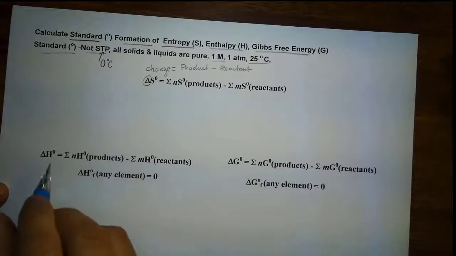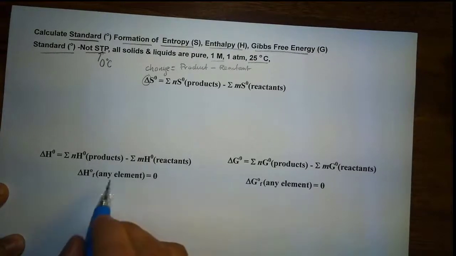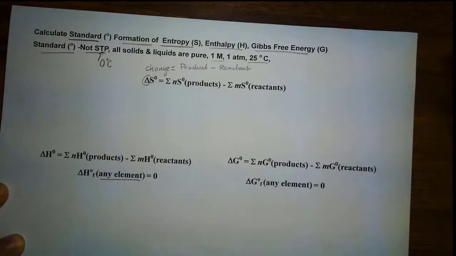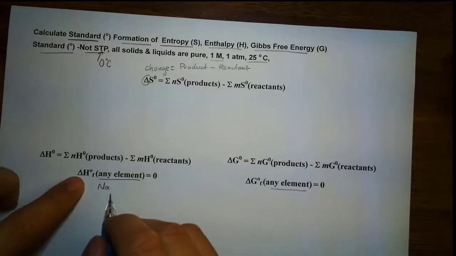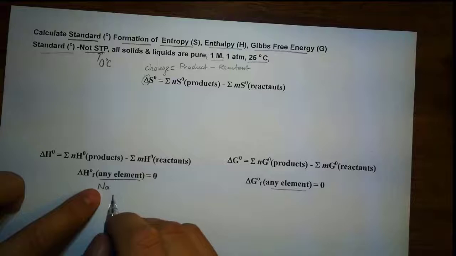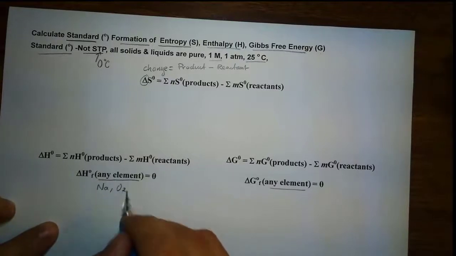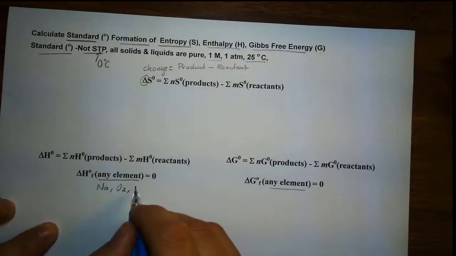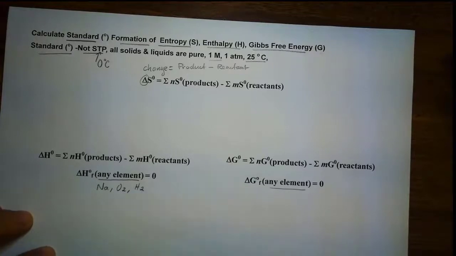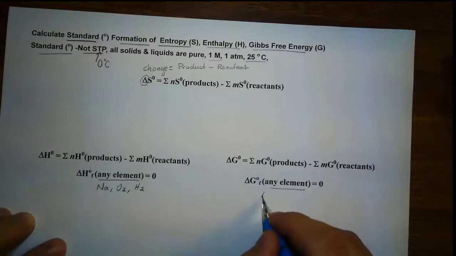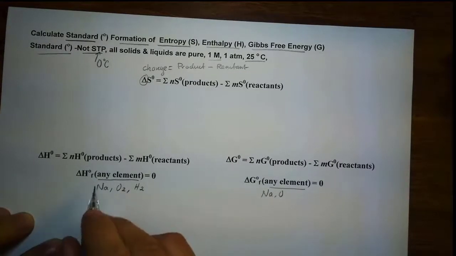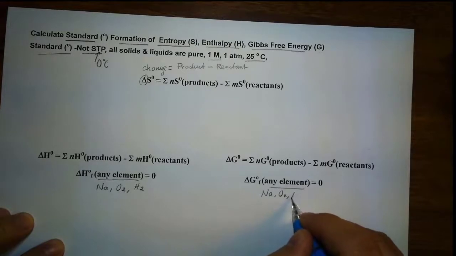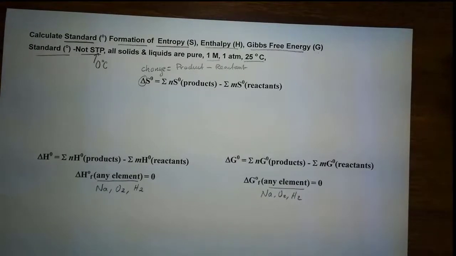For delta H and delta G, any element in its pure form, for instance sodium as a metal, we would know that the delta H formation for Na would be 0, or O2 would be 0, or something as simple as hydrogen. It's a common one, okay? Those delta G or delta H formation values will be equal to 0, and sometimes they are not given to us, so we have to know that it's equal to 0.